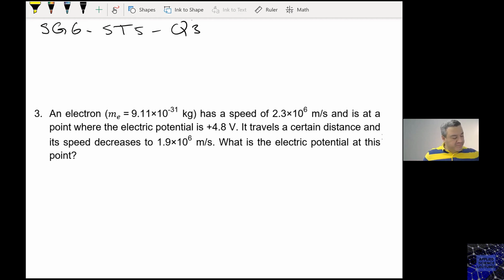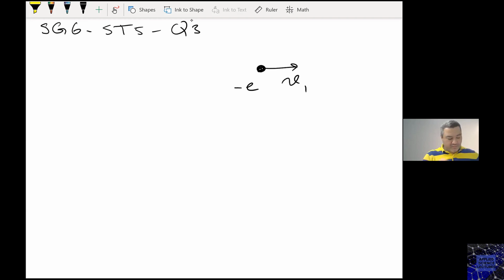So here the speed decreases. So we have an electron with a speed V1 while the potential is 4.8 at this location.